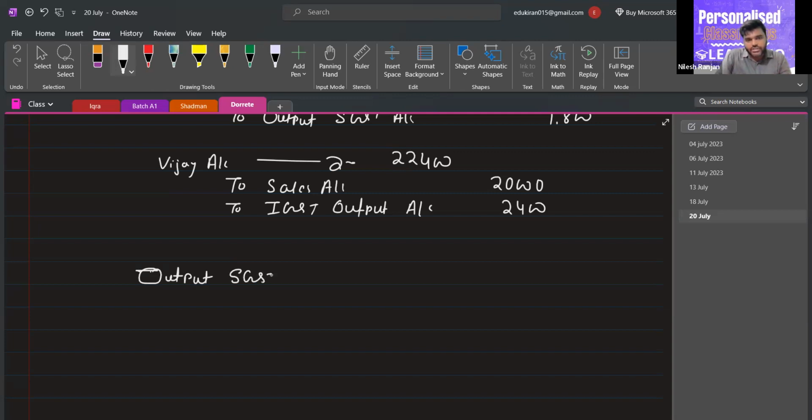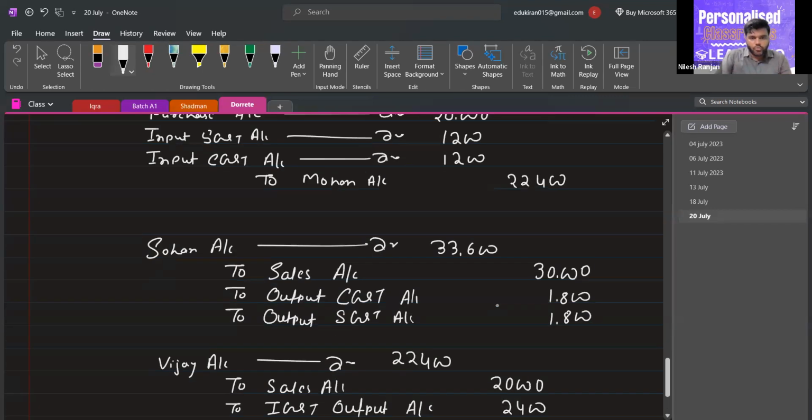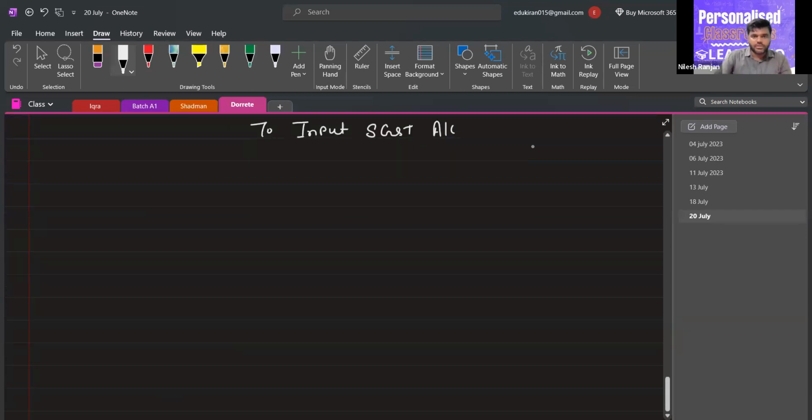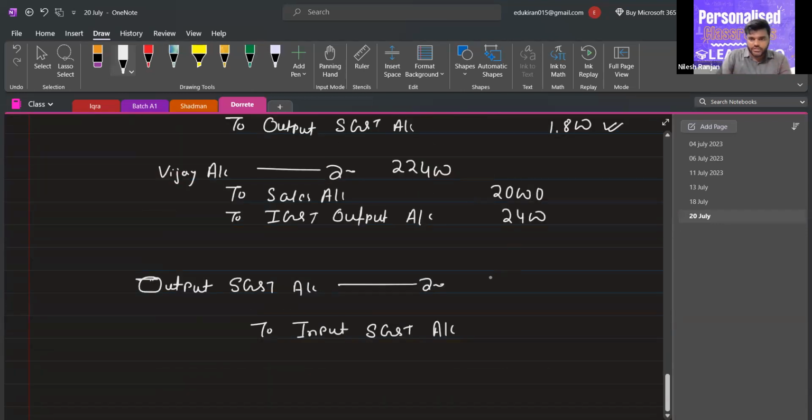Output SGST account debit to input SGST account. Output SGST is 1,800 and input SGST is 1,200. So 1,800 we have to pay to the government, and 1,200 is already paid. So only 600 will be paid to the government.